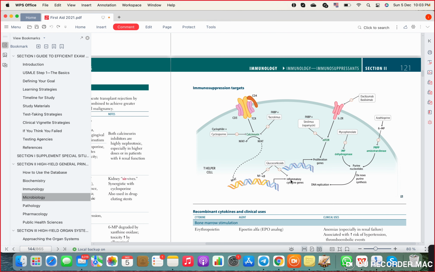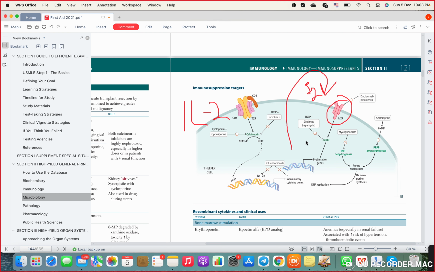Remember, after interleukin-2 is produced and transcribed, it goes out and activates the interleukin-2 receptor. And you remember what happens if you activate the interleukin-2 receptor? Production of T cells. Exactly.